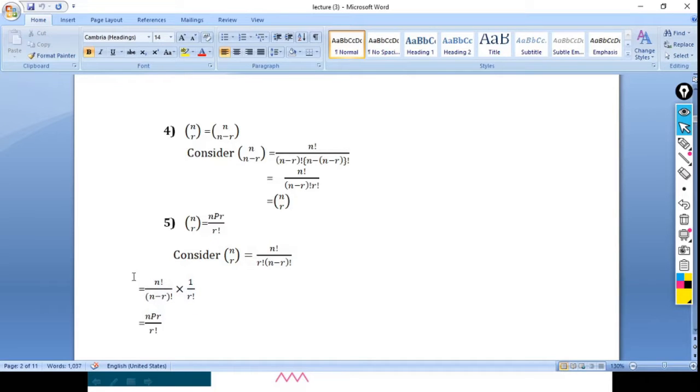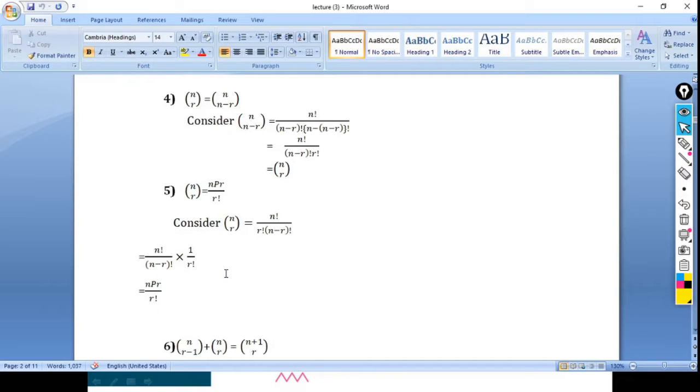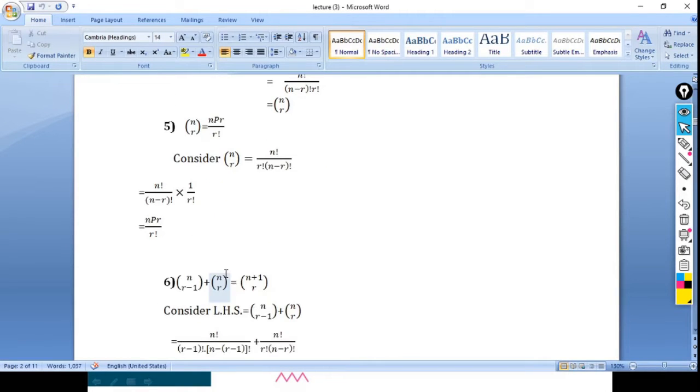Now this n factorial upon n minus r factorial, that is nothing but the nPr formula, that is permutation, and this 1 upon r factorial as it is, so divided by r factorial. So nCr is equal to nPr upon r factorial.